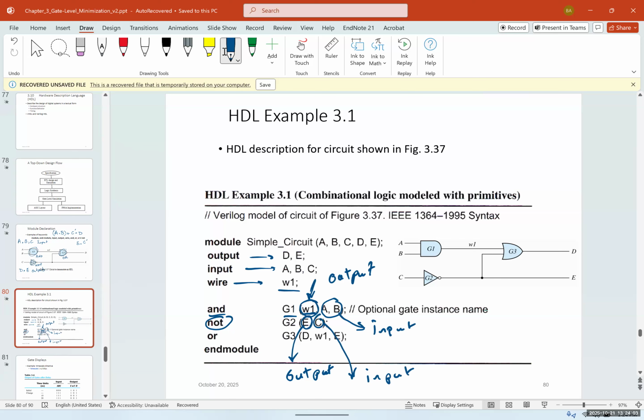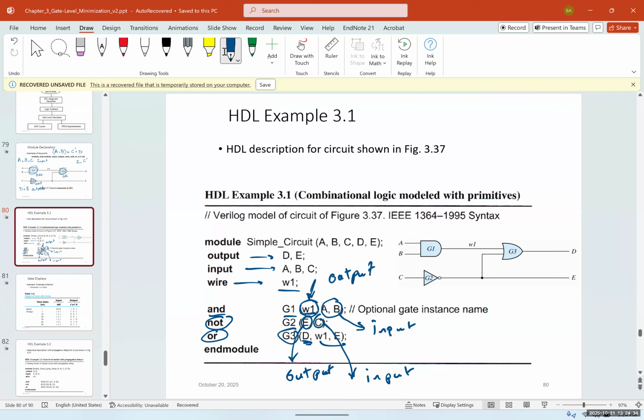So pretty easy and straightforward. And then we have our OR gate, which is G3. Again, D is the output, and W1 and E are the inputs. So you can see it's pretty easy. First, we would define the outputs, the inputs, the wire connections between logic gates, and then we would define our gates, which are AND, OR, XOR, NOT, whatever that is.